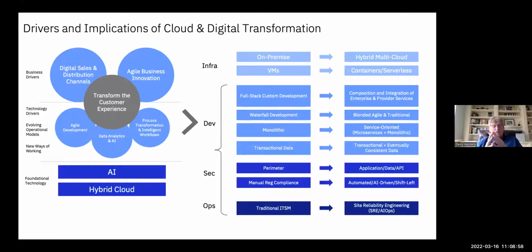The business drivers being how we actually build new channels, new opportunities, new distribution channels. The customer here could be a consumer, could be another business, it's business to business, and actually driving that capability in a very agile fashion.